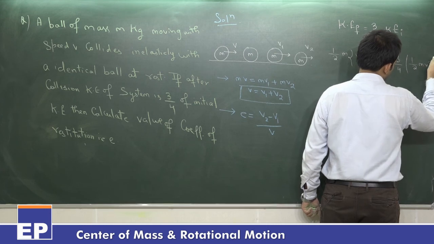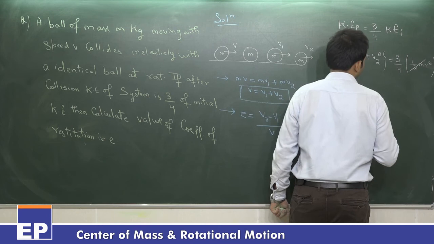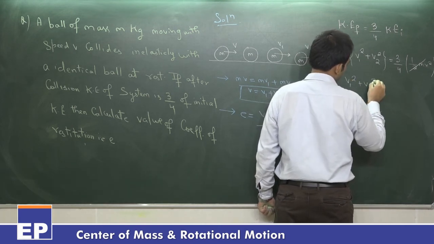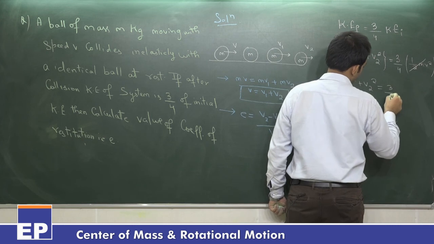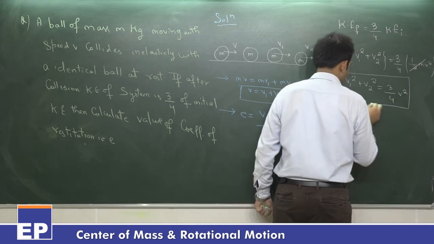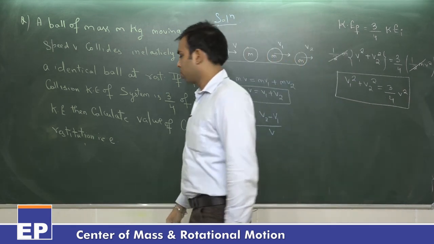Half mv squared, three by 4 v squared, that is v1 squared plus v2 squared is 3/4 v squared.